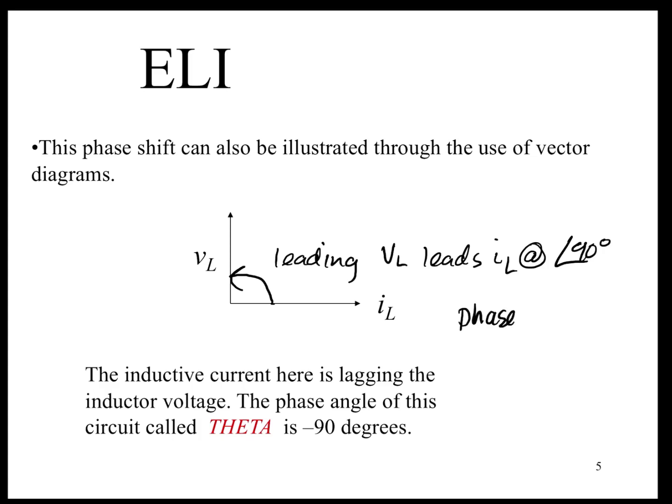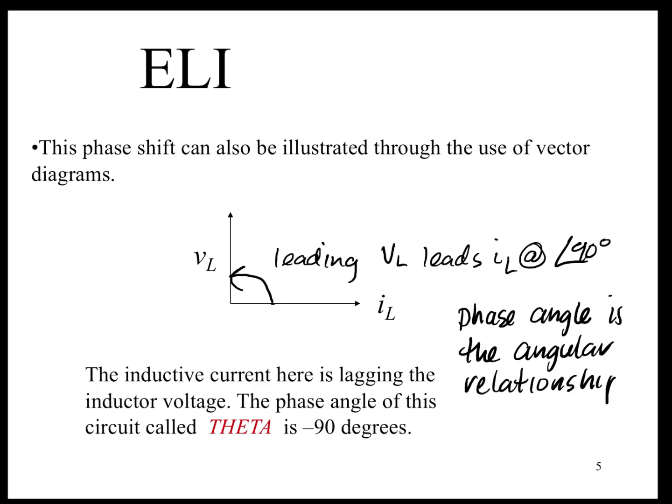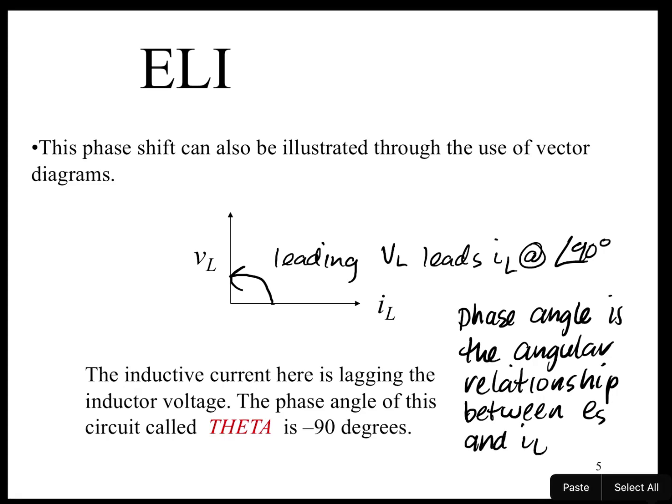So phase angle for any circuit is the angular relationship between E source and I total.